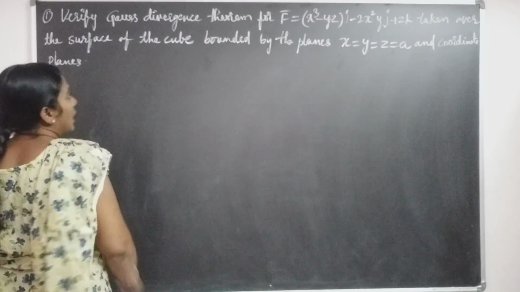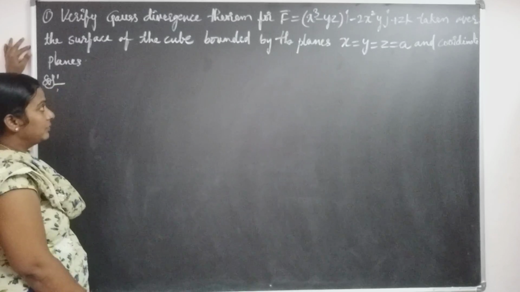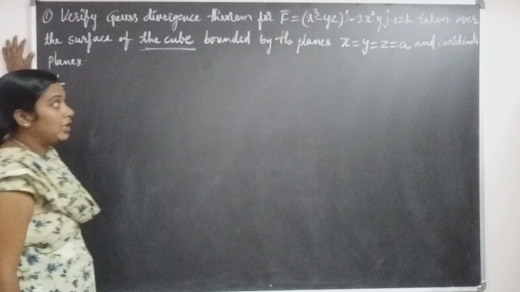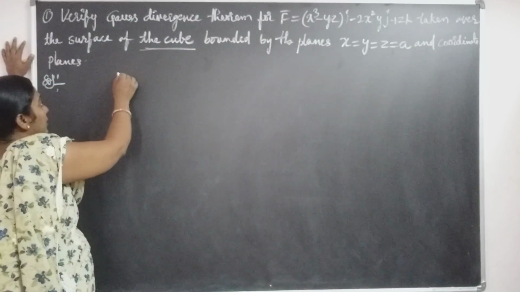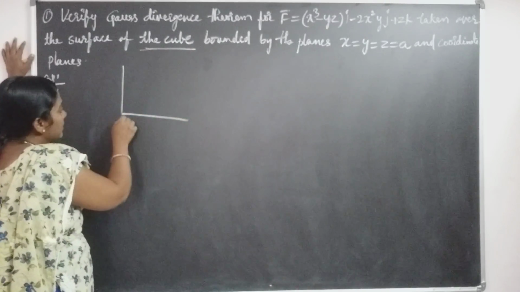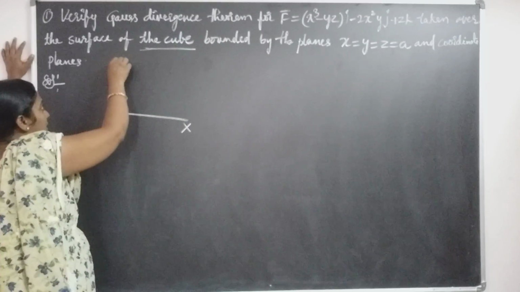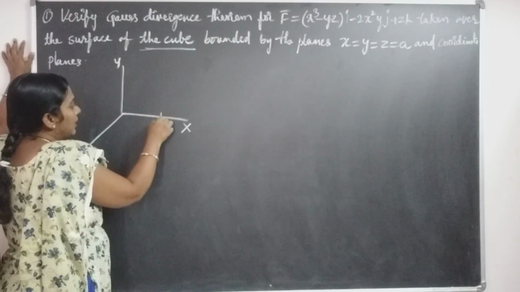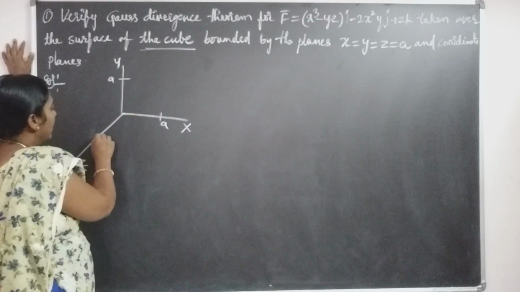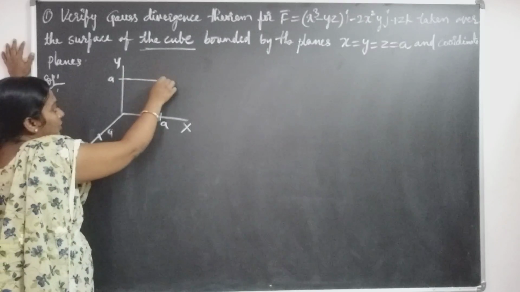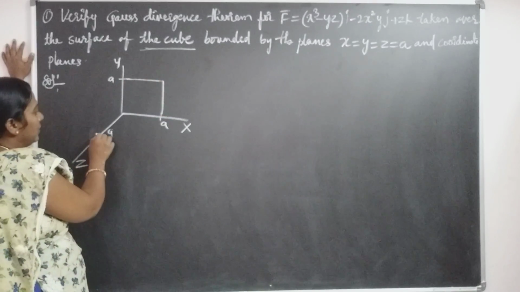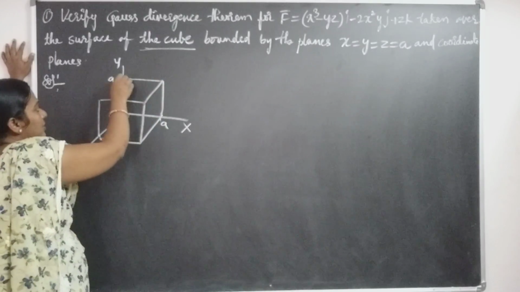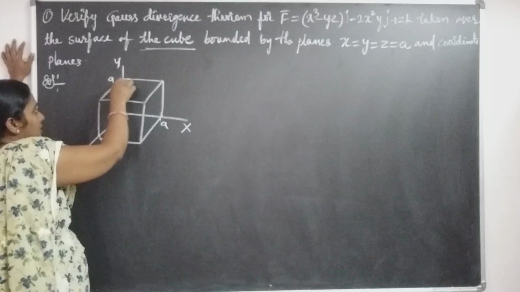Solution. First we can draw the diagram. Here it is a surface of the cube bounded by the planes. Here we are taking three axes: x-axis, y-axis, z-axis. Draw the cube. This length is a, this length is a, this length is a. First draw a square, next draw another square, and join the endpoints, that is the vertices.